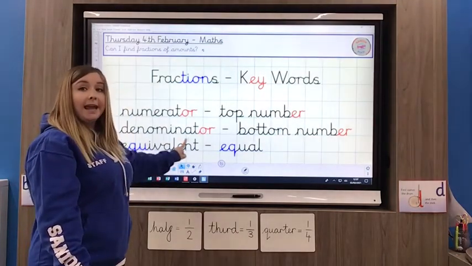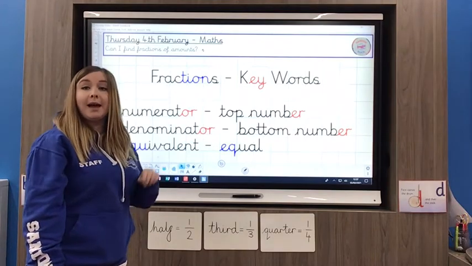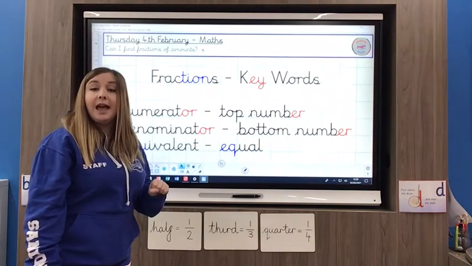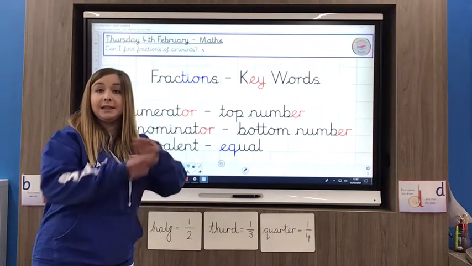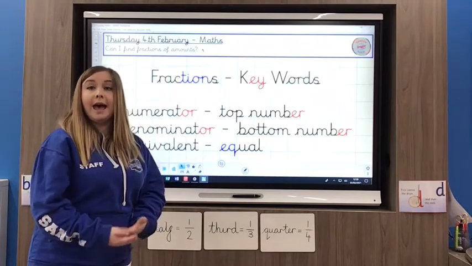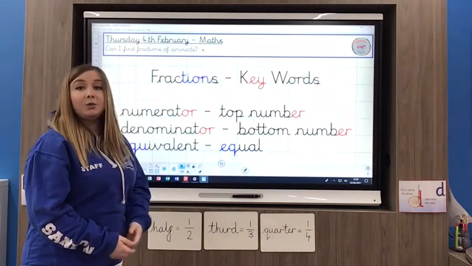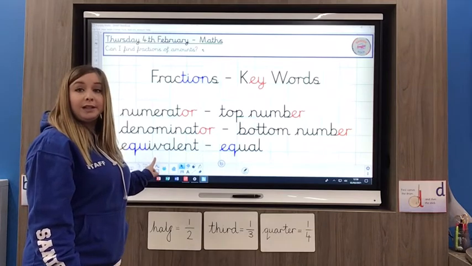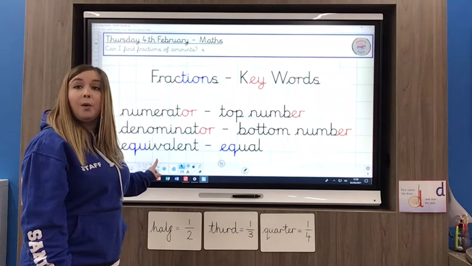The denominator is the number at the bottom of the fraction, and that tells you how many pieces the whole has. And we've also got a new word for today, so this one is equivalent.